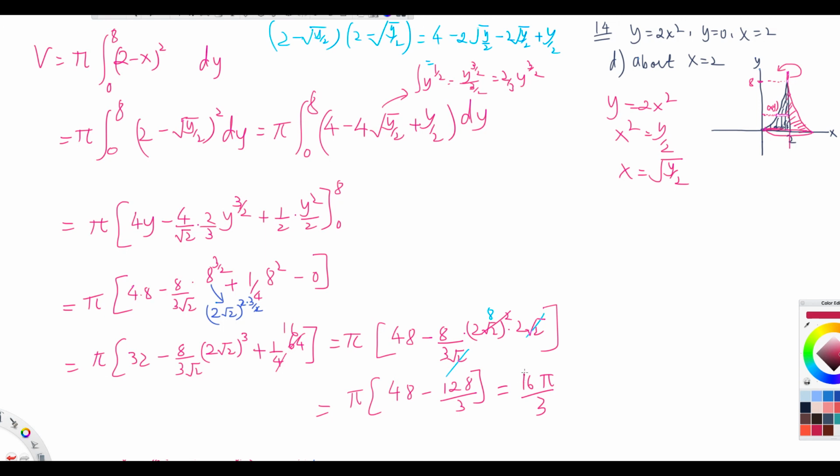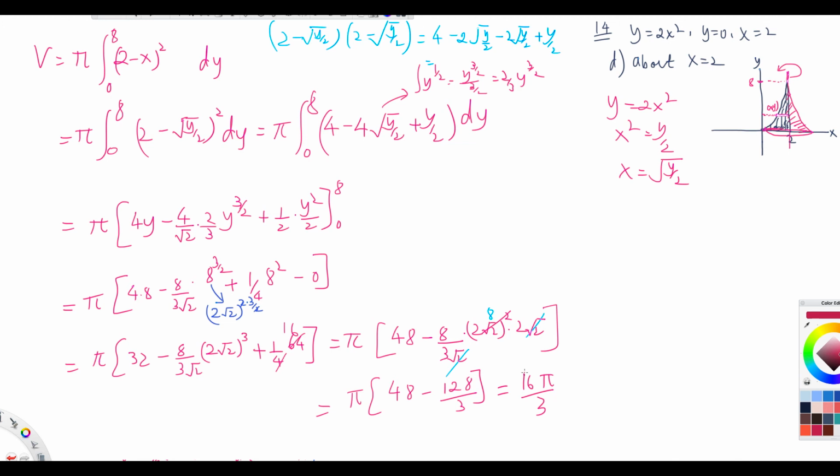So whenever you are revolving about a line different from the x-axis or y-axis, or even if you rotate about the x-axis or y-axis, sometimes finding the actual radius can be tricky. Usually what we do is find the volume of the solid.